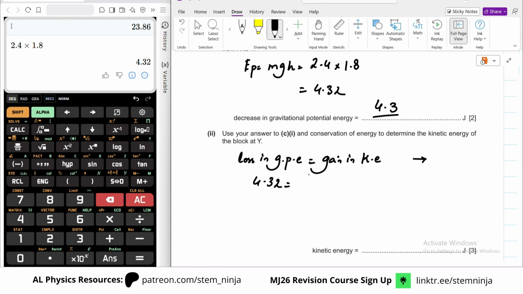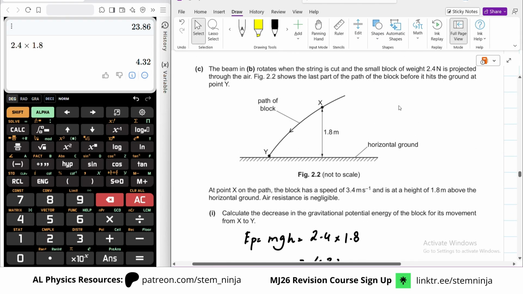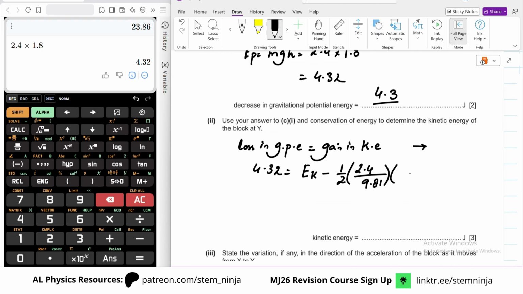we need the kinetic energy of the block at Y, so we will just leave it as Ek minus half m v squared. m is 2.4 divided by 9.81 times v squared. They gave us 3.4 squared.